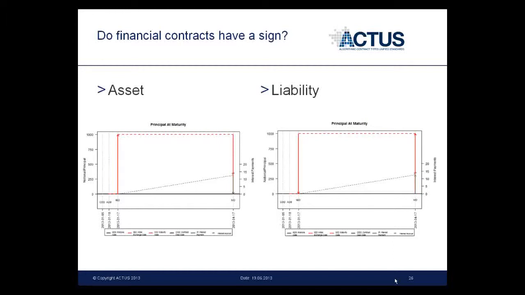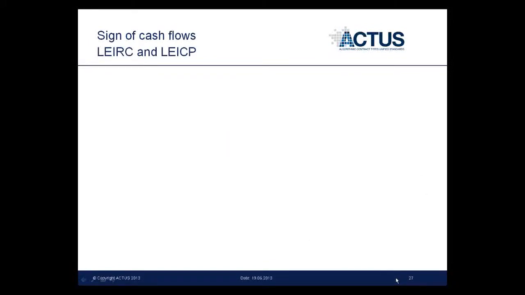Therefore, we need the idea of a sign. The very notion of a flow from cash flow calls for a sign. But one person's outflow is another person's inflow. For this reason, it is indispensable to define whose view it is.